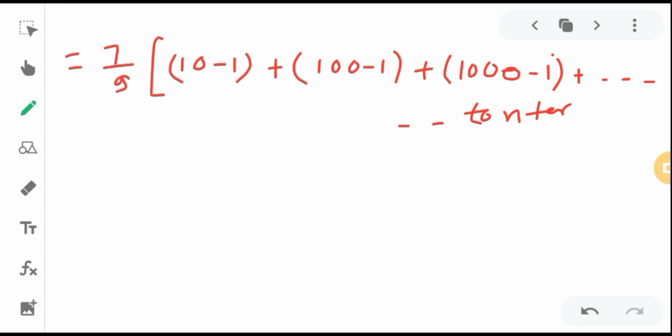N terms. Okay, so now by doing this, what will happen? Now all this is, you are saying 10 minus 1, 100 minus 1, and this is separated with plus.